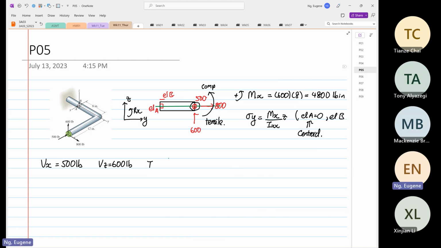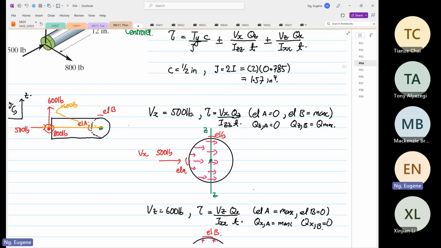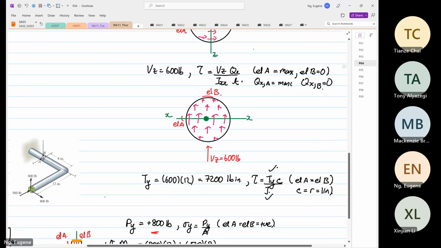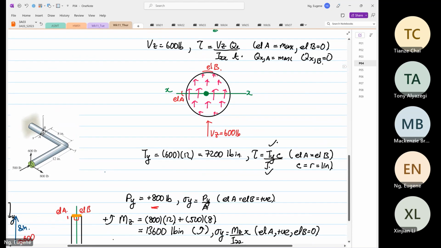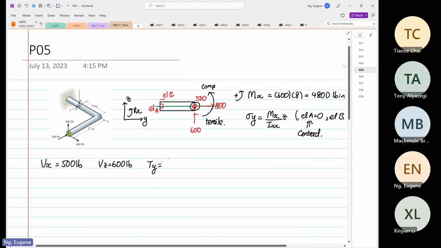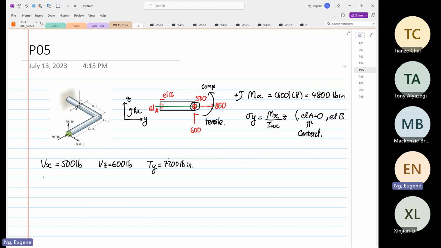We have our torque in the y direction, which we calculated is equal to 720 pound-inch. And then we have an axial load in the y, which is 800 pounds.